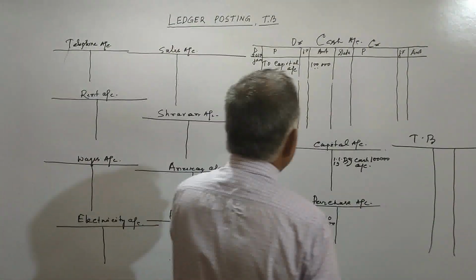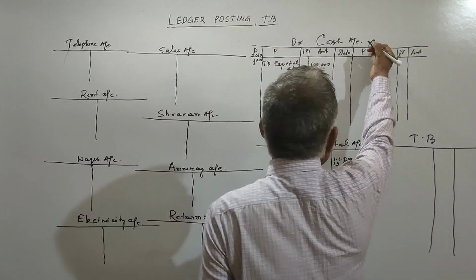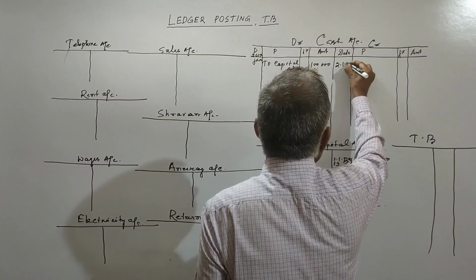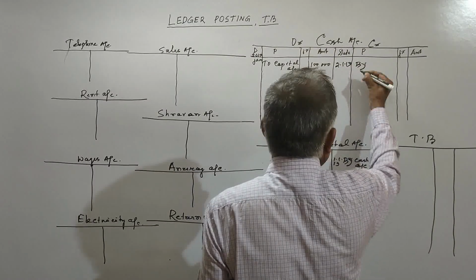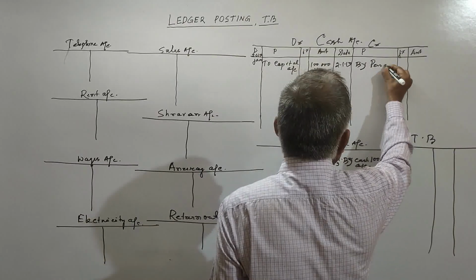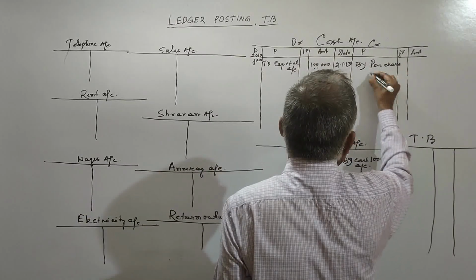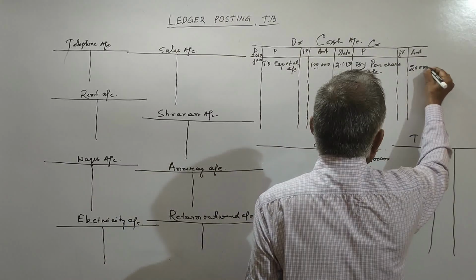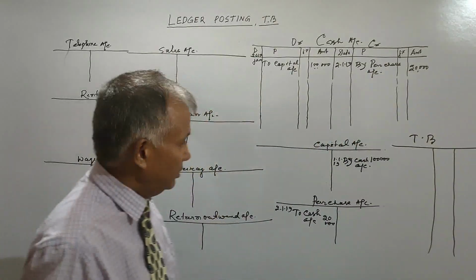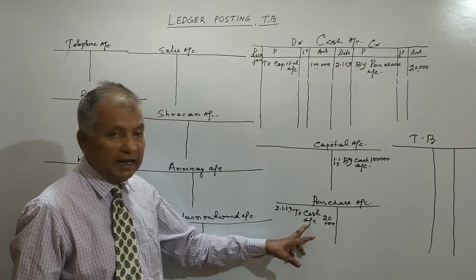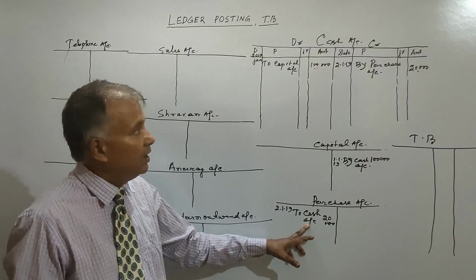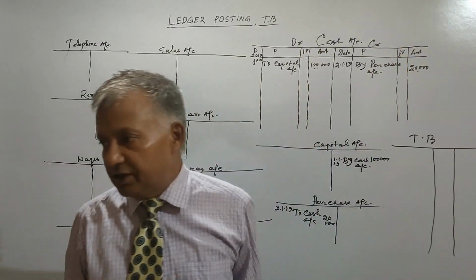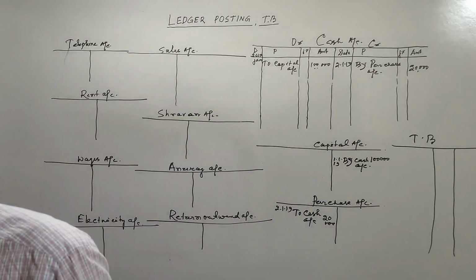And in the cash account, cash credit, go to the credit side, write the other account, that is by purchase account 20,000. In purchase, write the other account, cash. In cash, write the other account, that is purchase. In this way you can remember.